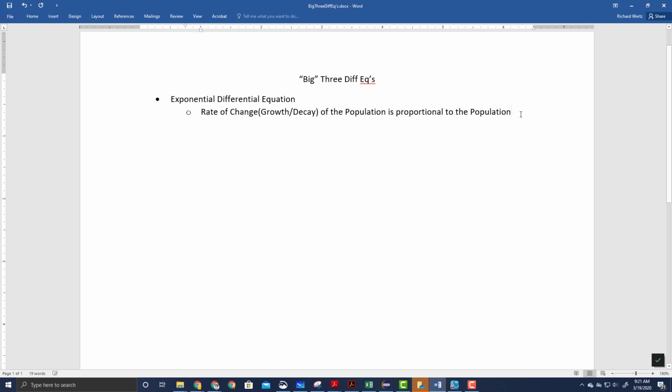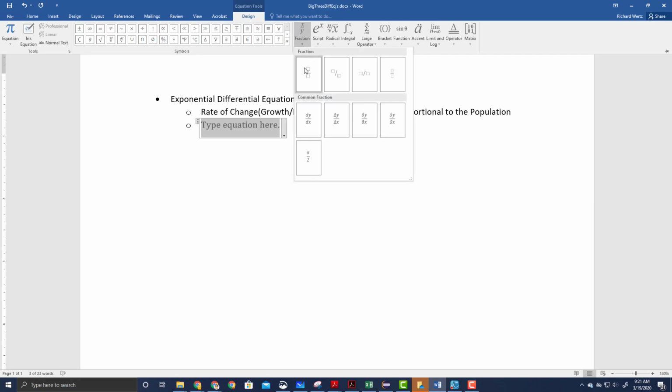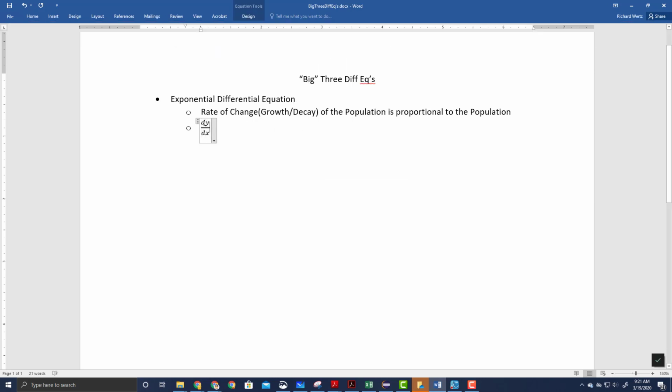So if we put that in an equation, it's going to look like this: the rate of change equals some constant times the population. All right, and we can solve this by separation of variables pretty easily, and we did this in class.